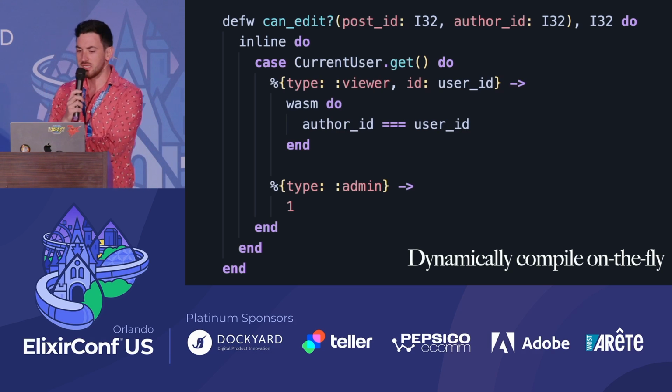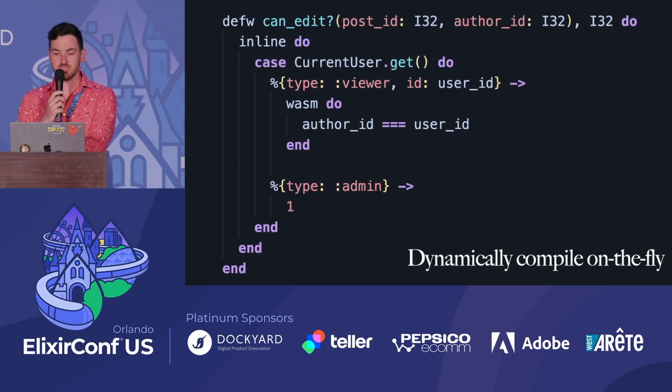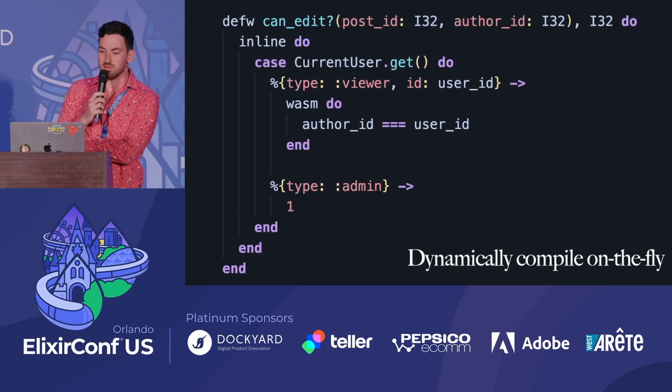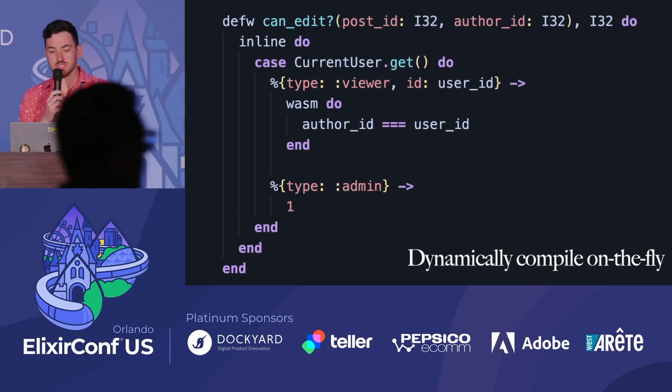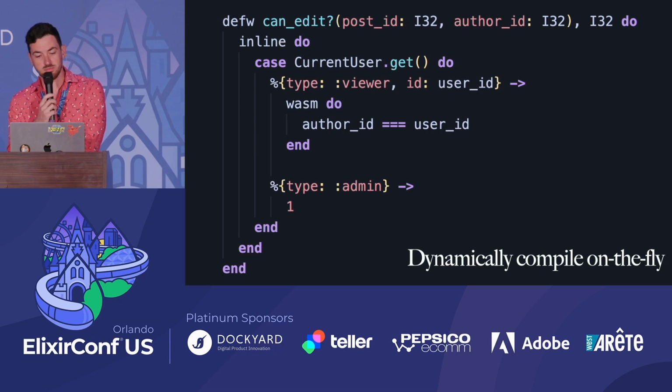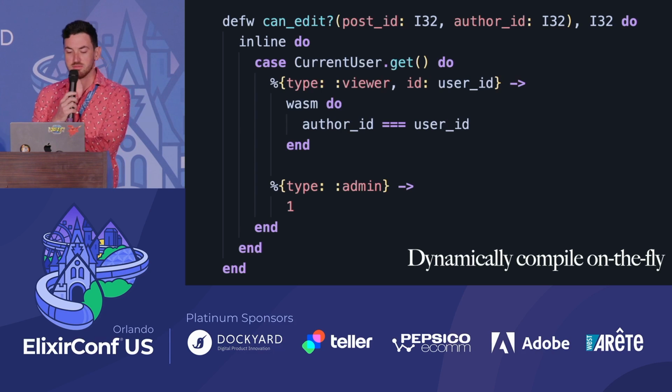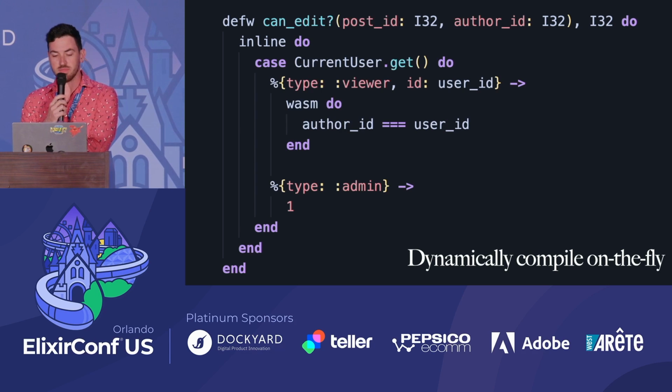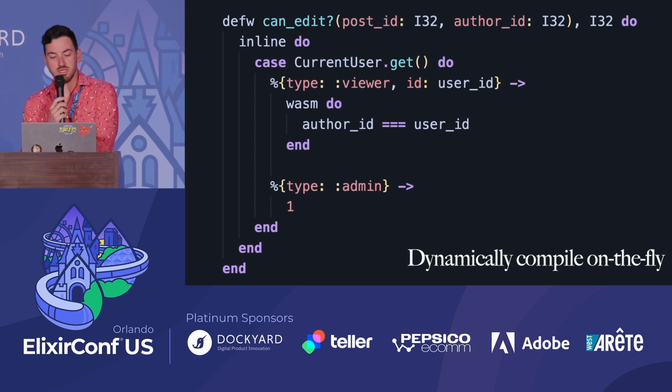So I'm saying, hey, I've got this Orb function that's going to tell me whether this particular author can edit this thing. And so I'm going to say inline, and now we're in Elixir mode. I'm going to say, hey, give me the current user, and then we're going to match on that. If we're a viewer, I'm going to then switch back to WebAssembly code here and say the logic is if the author is the user, then they can edit their own posts.